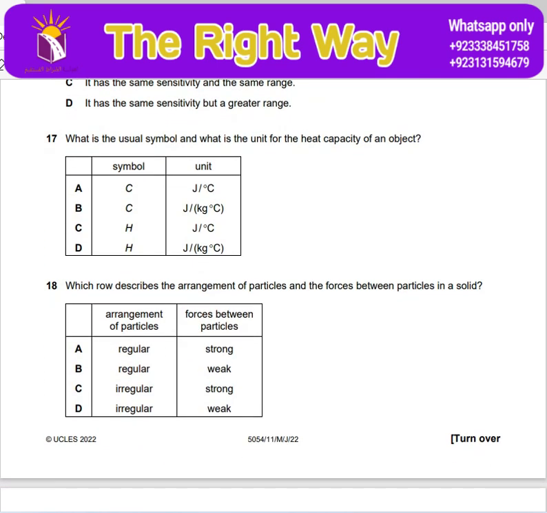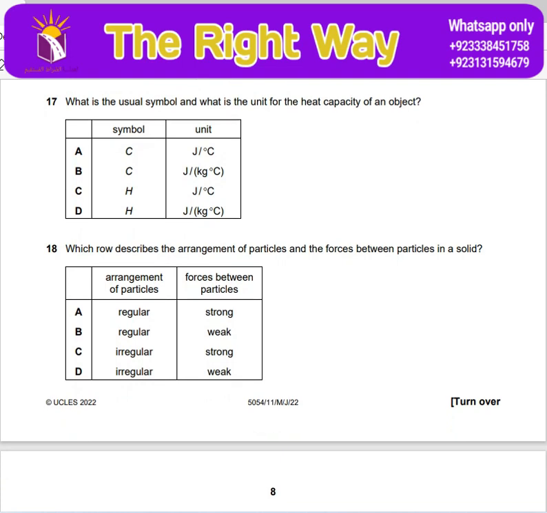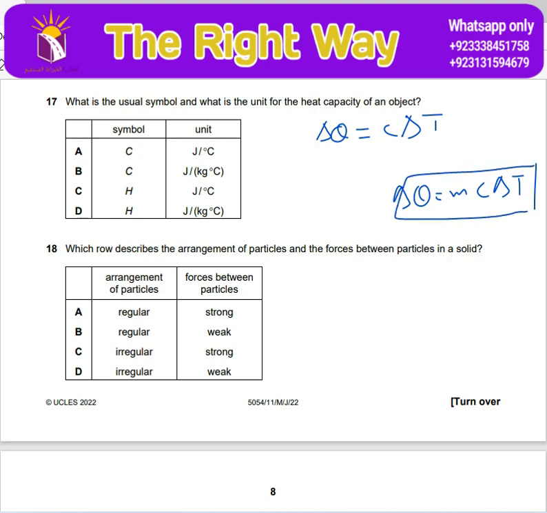Question number 17. What is the usual symbol and what is the unit for the heat capacity of an object? For heat capacity, we use the formula delta Q is equal to C delta T. Many students write delta Q is equal to MC delta T. That is not heat capacity, that is specific heat capacity.